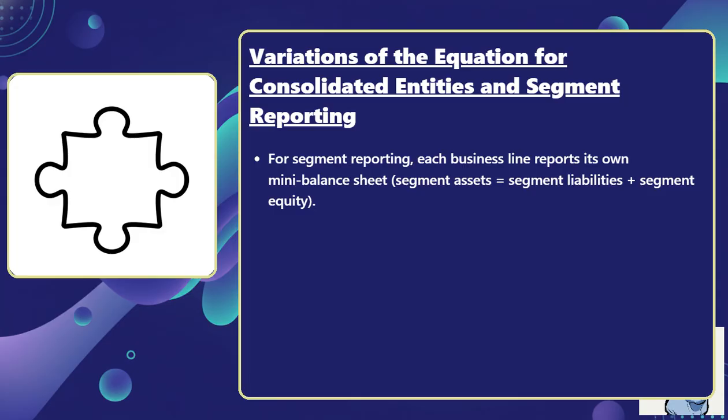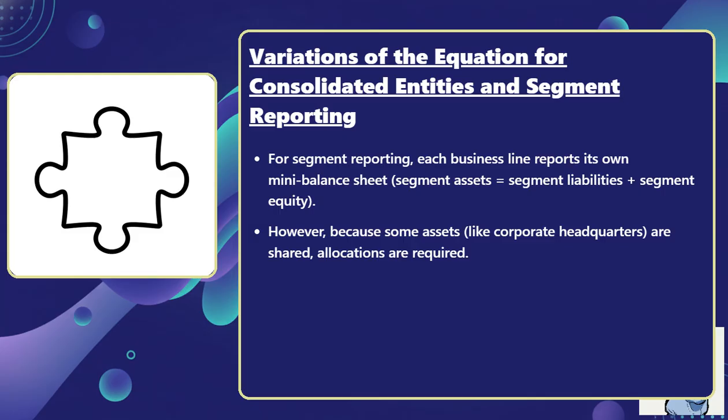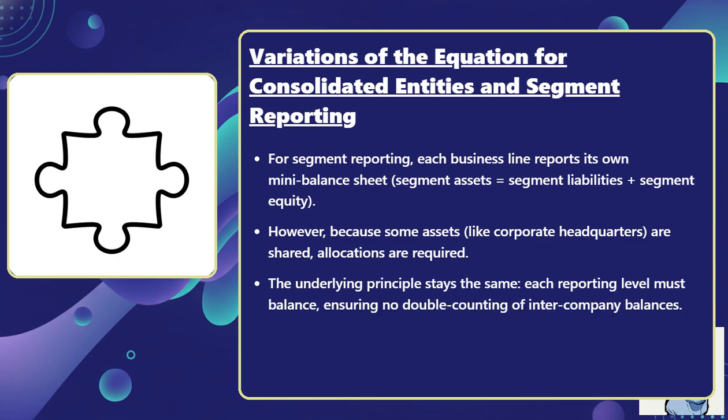For segment reporting, each business line reports its own mini balance sheet. Segment assets equals segment liabilities plus segment equity. However, because some assets like corporate headquarters are shared, allocations are required. The underlying principle stays the same: each reporting level must balance, ensuring no double counting of inter-company balances.